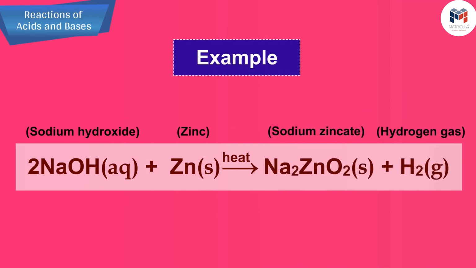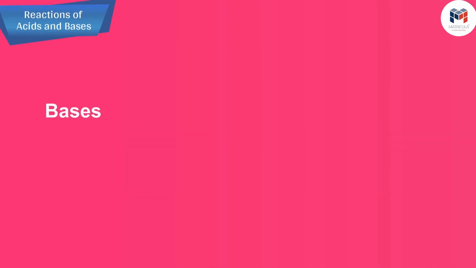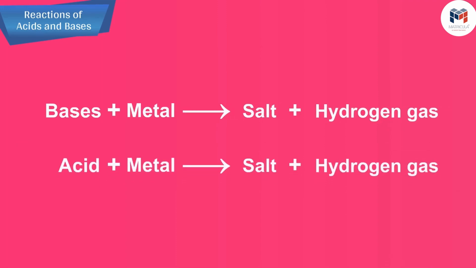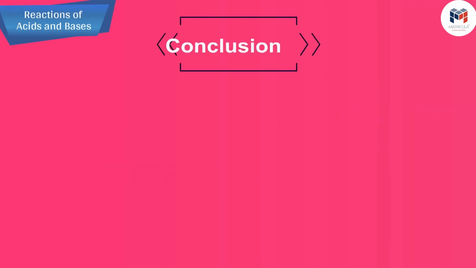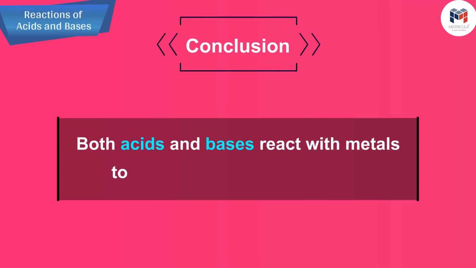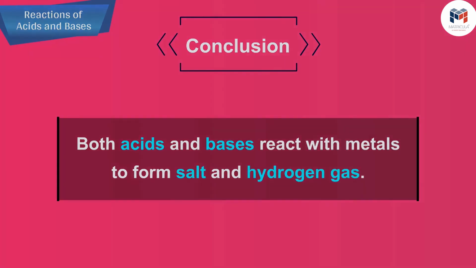We can show the formation of hydrogen gas in the reaction of sodium hydroxide solution with zinc metal by using the same experimental setup as we have used to study the reaction of metal with acids. So, we can conclude that both acids and bases react with metals to form salt and hydrogen gas.